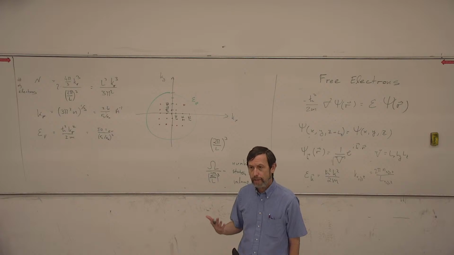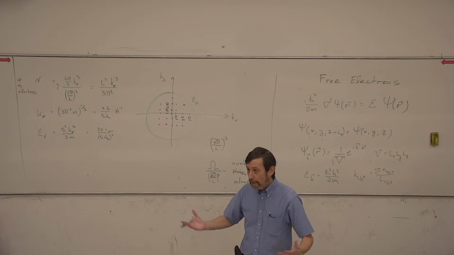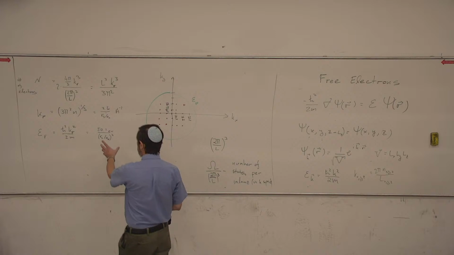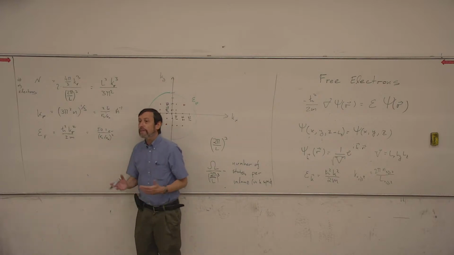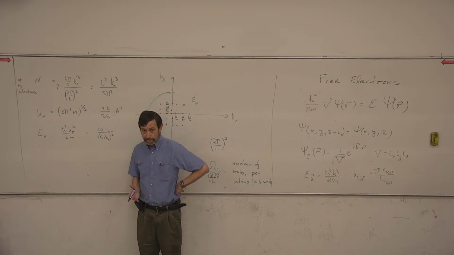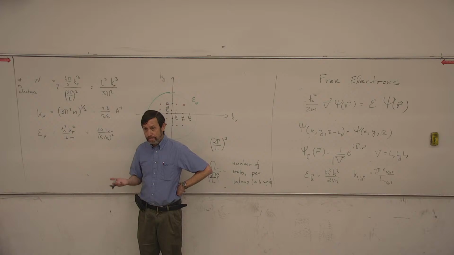Why am I saying it's not surprising? What is the scale of the ionization energy of the hydrogen atom? 13.6. Around 10 electron volts. You're right, it's 13.6. So it's in the same ballpark. Let's stop a minute and think.